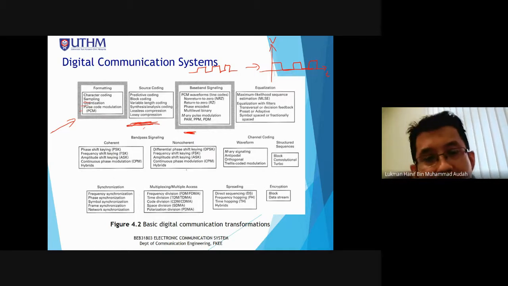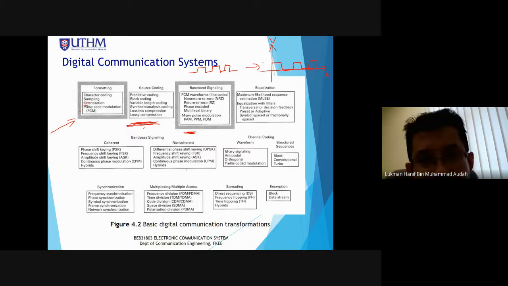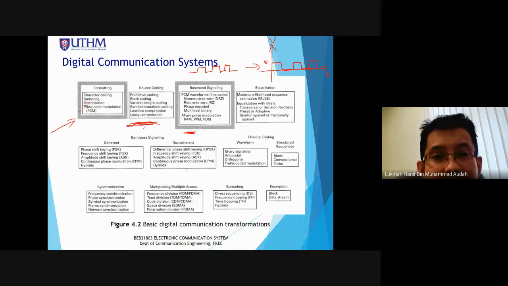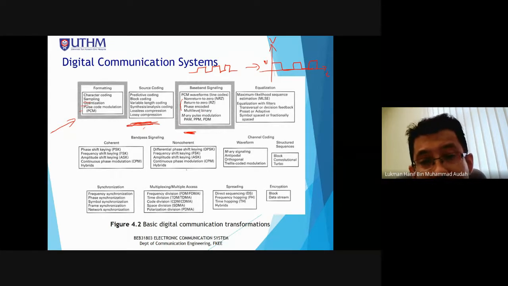Okay. So di sini ada value lah, how much is the voltage over here. So this is macam mana dia convert kepada digital pulses. Ini dipanggil sebagai line coding: NRZ, RZ return to zero, phase encoded and multi-binary. Itu adalah untuk menukar digital data kepada digital pulses.